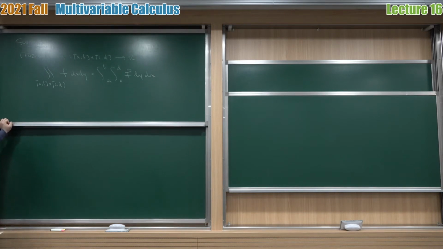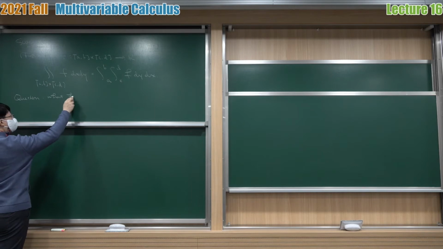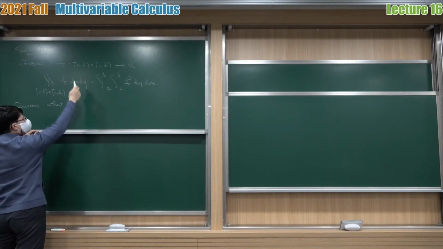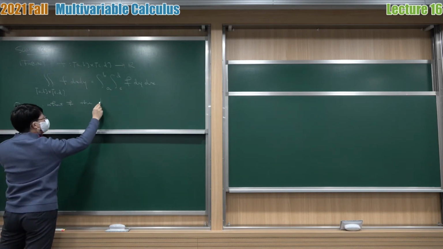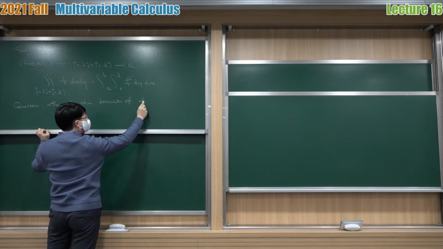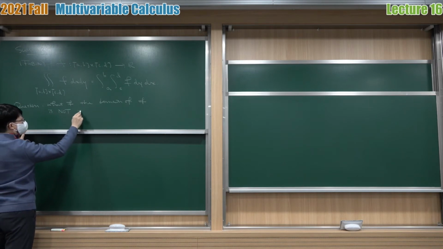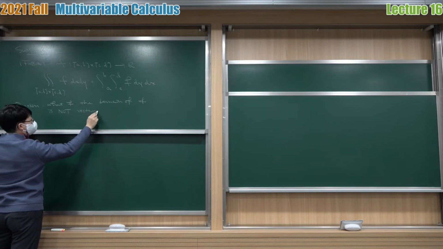So our question is, what if the domain of the two-variable function is not rectangular?